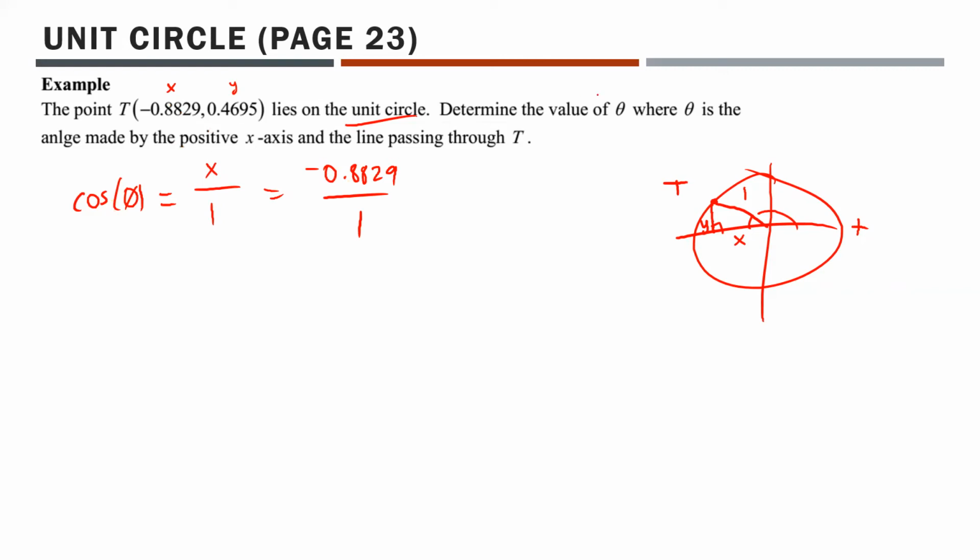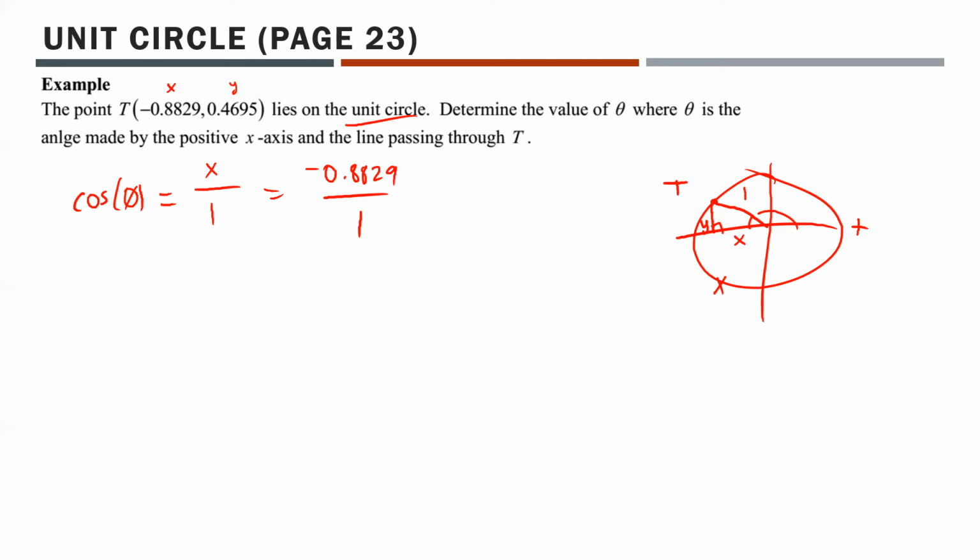And what I mean by that is, notice that x would be negative 0.8829 over here as well, right? But that would clearly be a different angle. So if you used inverse trig on negative 0.8829, it's only going to give you one type of angle, and you'd have to use a little bit of intuition to tell you whether or not you've done it correctly.